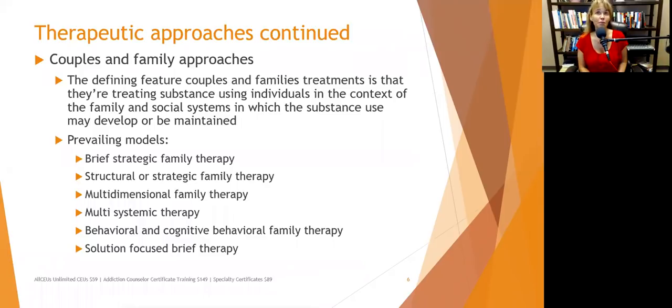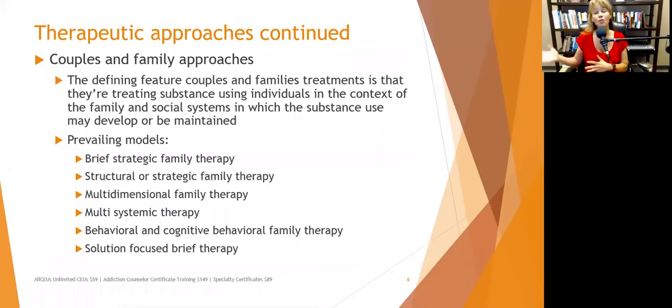So the prevailing models, and we're not going to go through them right now. I do have some videos on our YouTube channel at allceus.com/YouTube that goes over some of the family approaches. But brief strategic family therapy, structural or strategic family therapy, multidimensional family therapy, multisystemic family therapy, behavioral and cognitive behavioral family therapy, and solution-focused brief therapy.